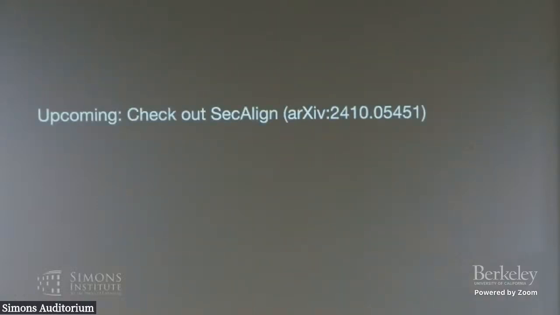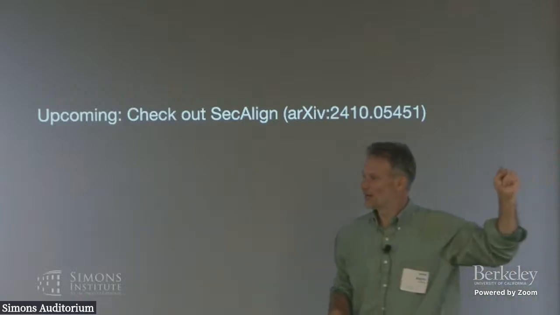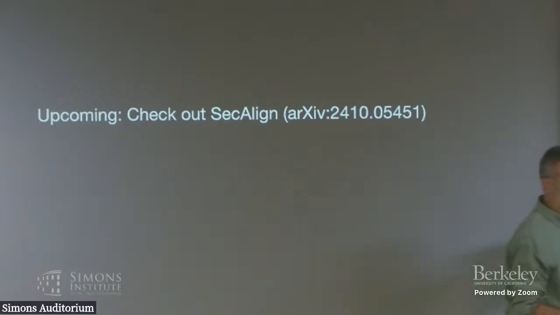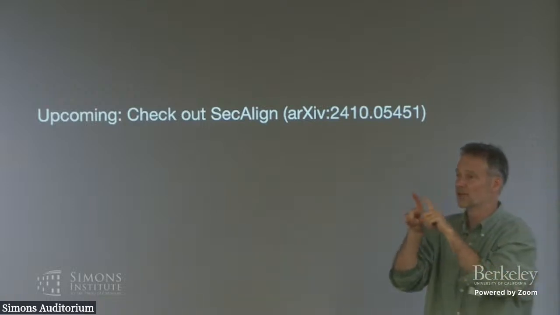And there's work coming up from Sija, who is the lead student on the work I just showed you. This shows how to improve the struct-Q approach by, rather than using supervised fine-tuning, using RLHF, using DPO and paired examples.